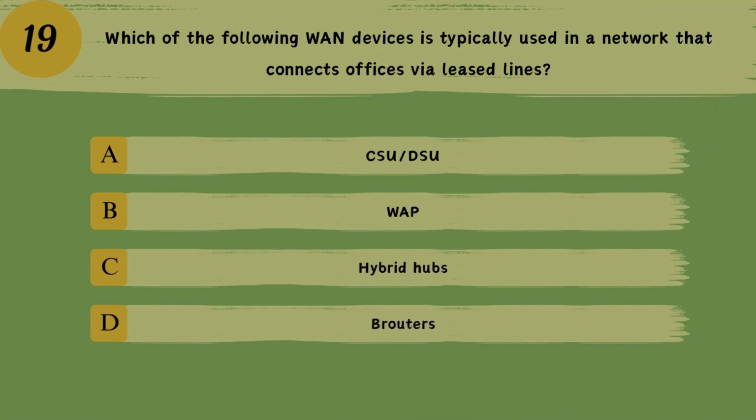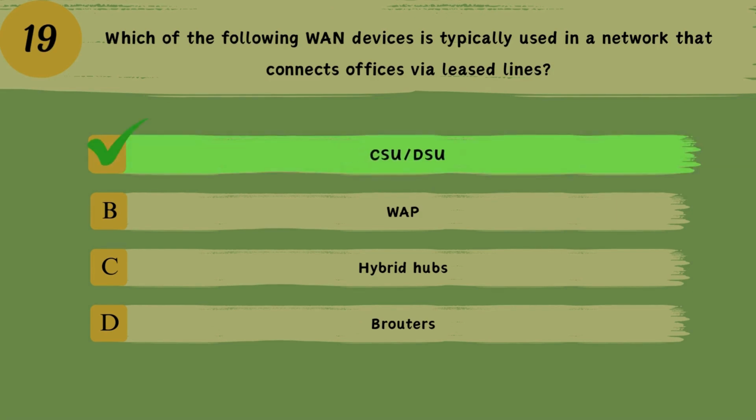Question 19. Which of the following WAN devices is typically used in a network that connects offices via leased lines? A. CSU/DSU. B. BWA. C. Hybrid hubs. D. Routers.